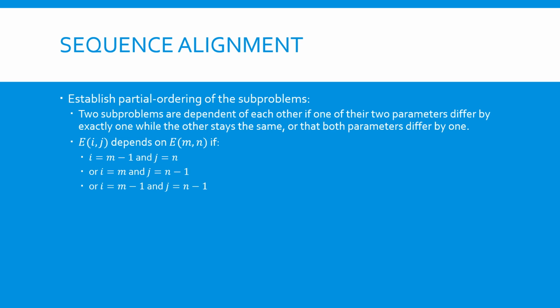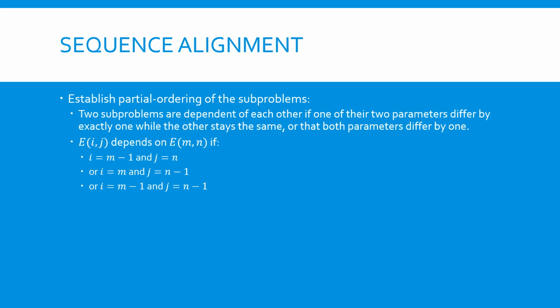Specifically, we have derived 3 equations that describe the relationship among the subproblems. They are E(i,j) equals E(i-1,j-1) plus 1, E(i-1,j) equals E(i-1,j-1) plus 1, and E(i,j-1) equals E(i-1,j-1) plus 1.